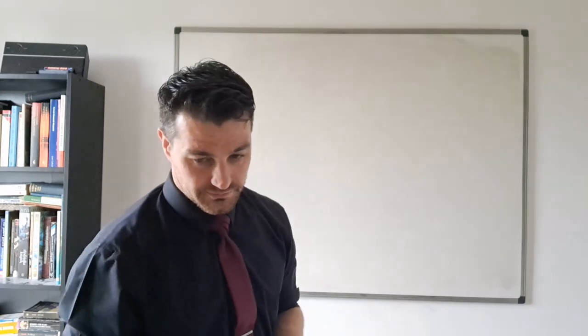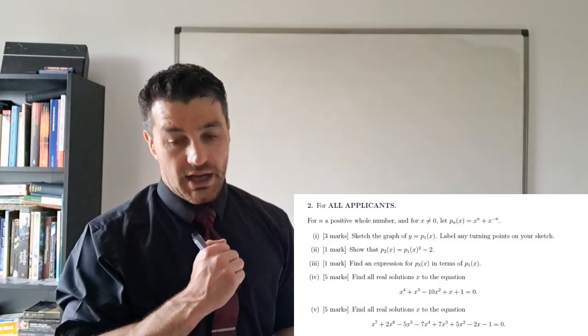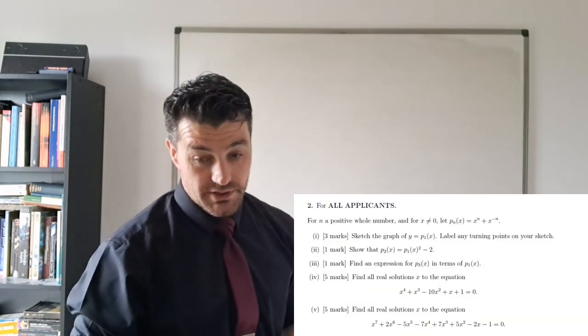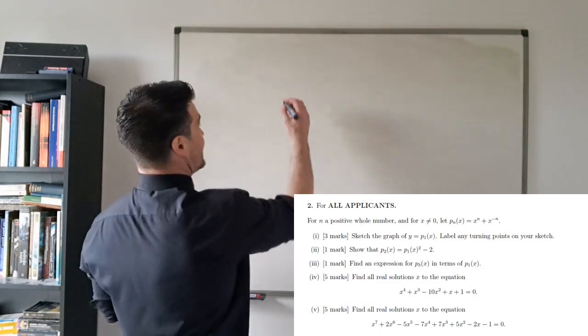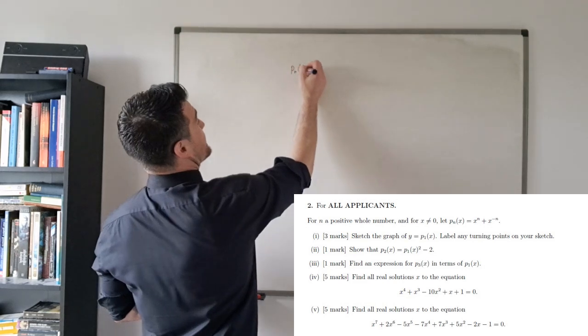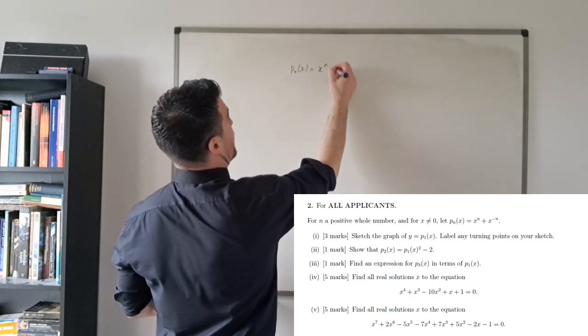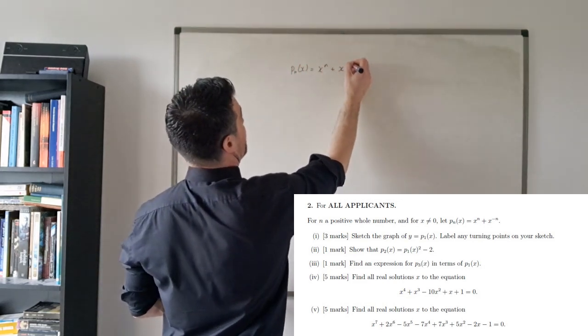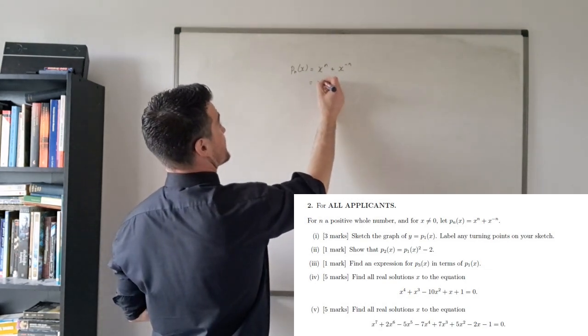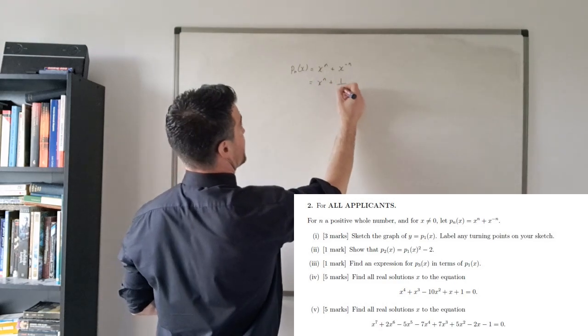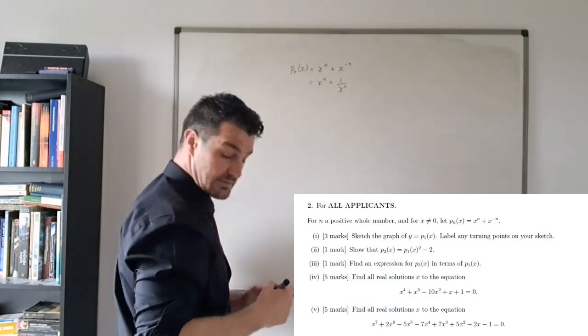Okay, so question number 2. For n a positive whole number and for x not equal to 0, let P_n(x) equal x to the power of n plus x to the power of minus n, which I prefer to write as x to the power of n plus 1 over x to the power of n.